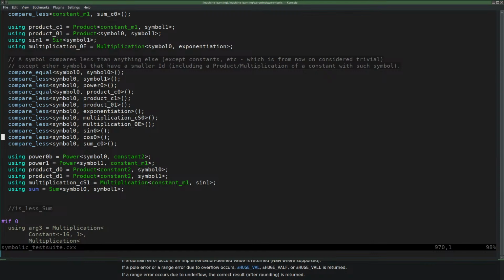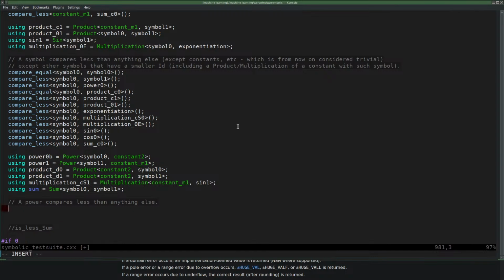So, next thing is comparing a power, I think. So a power compares less than anything else except what comes in front of it. Except, no, anything else actually, that comes after it.